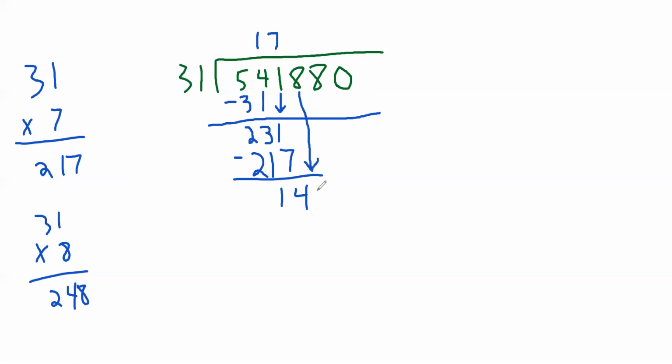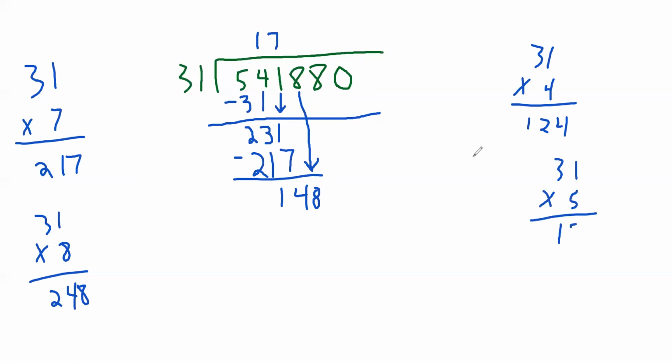Bring down this 8. How many times does it go into 148? 4. Yeah, it looks like it's going to be 4 times. If you try to do 5 times, you're going to go too far.